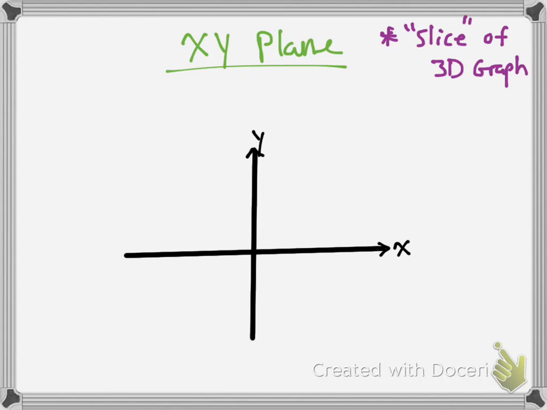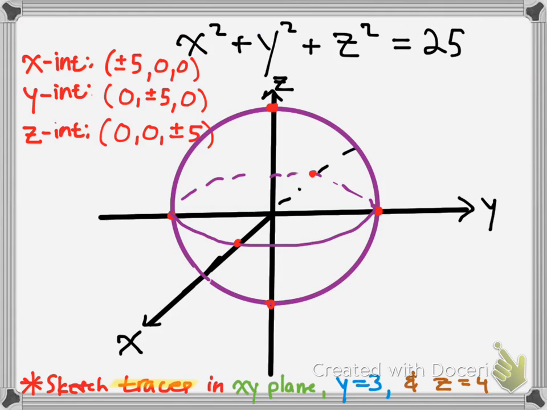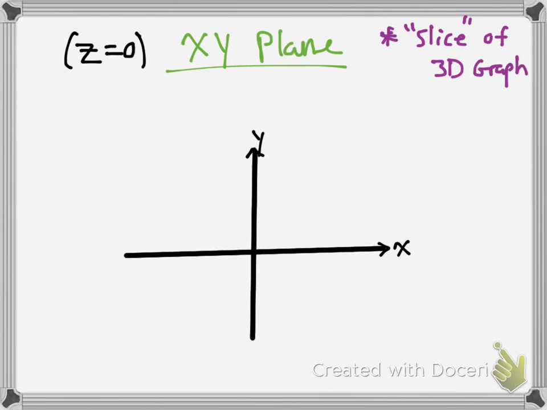So we have the xy plane, so that means we'd have to have z equal 0 in order to have just the xy plane. So we just make z equal 0 here, and we'd have x squared plus y squared equals 25.